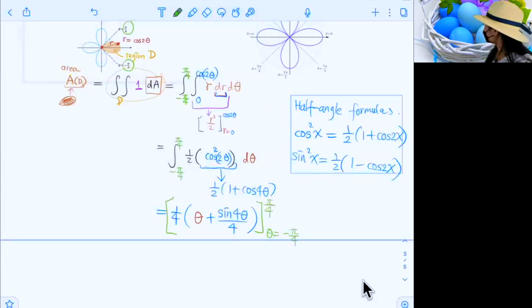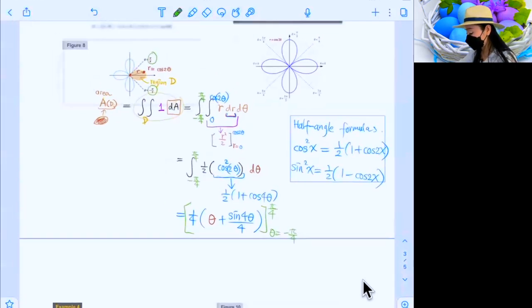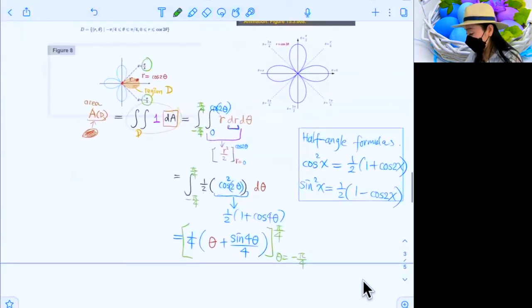Actually, you can cut your work in half by using symmetry, right? Do you notice that the upper part of the petal and the lower part of the petal are symmetric? So you can go from 0 to pi over 4 and double it. You will still get the result.